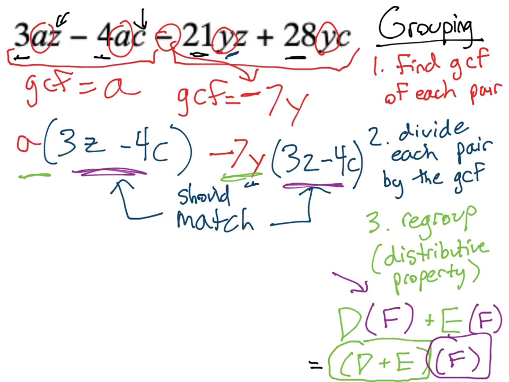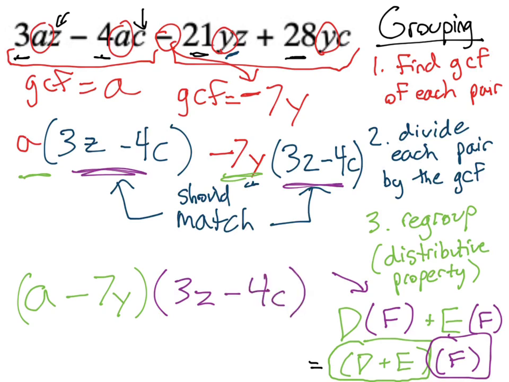So we're going to combine together the a minus 7y, and we'll still have that matching pair of terms, 3z minus 4c. And factoring by grouping will leave us with a pair of factors, each of which has 2 terms, after we started with our original polynomial that had 4 terms.